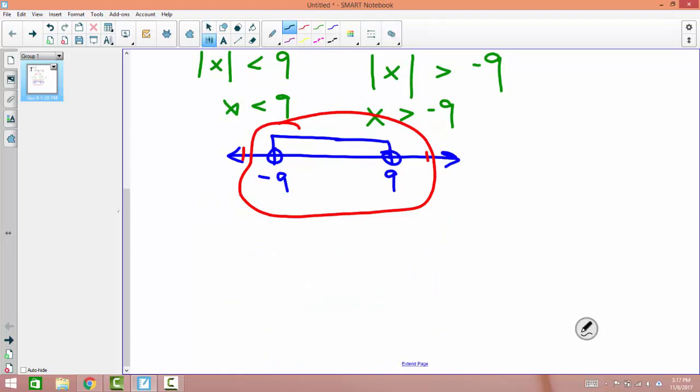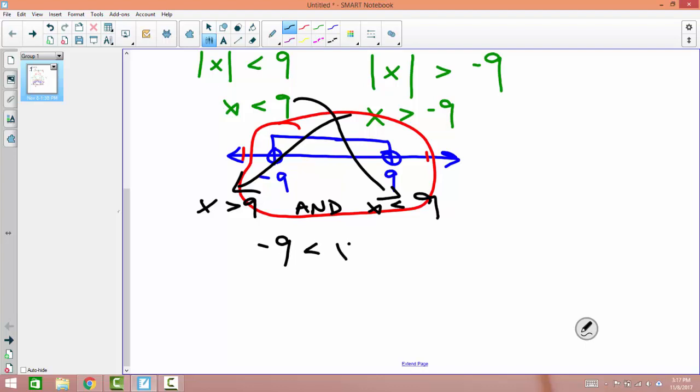If you want to write the solution, it would be x is greater than negative 9 and x is less than 9. I don't really know why I wrote that. So basically this one's here and this one's here. When you have ands, you can write them together. The negative 9 is the smallest, then you would have the x, and then the 9.